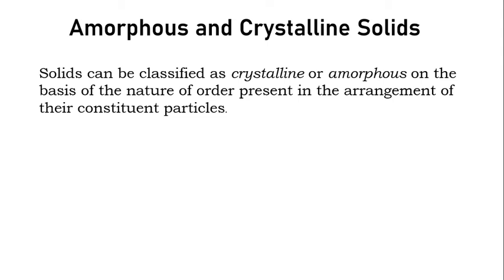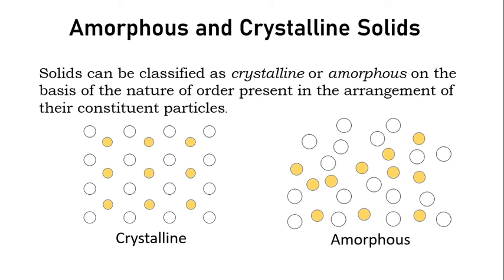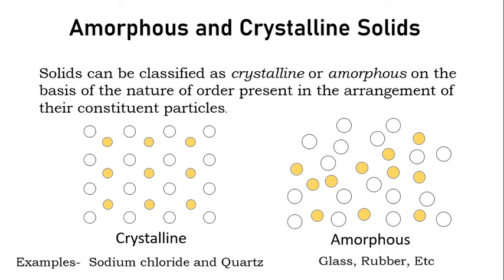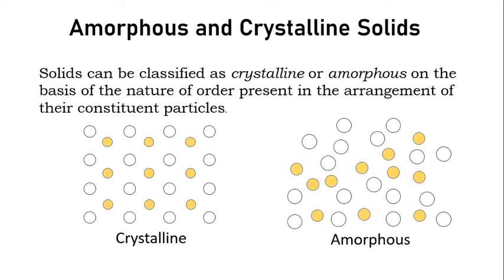Now we will study amorphous and crystalline solids. Solids can be classified as crystalline or amorphous on the basis of the nature of order present in the arrangement of their constituent particles. Examples of crystalline solids are sodium chloride and quartz, and examples of amorphous solids are glass, rubber, etc. Crystalline solids have long range order, which means that there is a regular pattern of arrangement of particles which repeats itself periodically over the entire crystal.